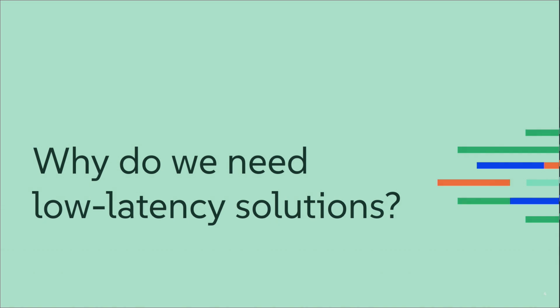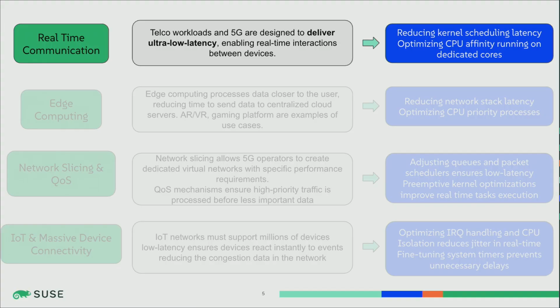Okay. So now that we've covered some of the reasons why we're going into that, when we're talking about real-time communications, we're talking about instantaneous or near instantaneous transmissions of data, voice, and video between devices, users, and systems, right? Both Telco workloads and 5G are typically designed to deliver ultra-low latency.